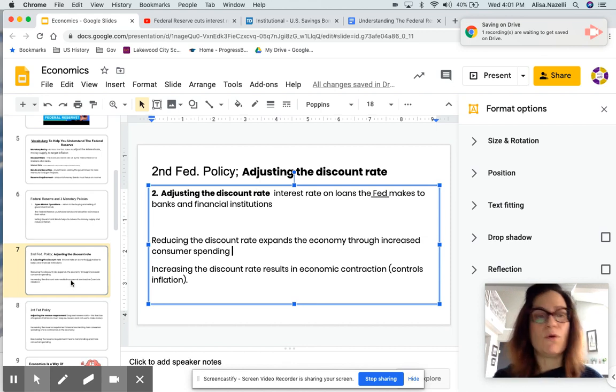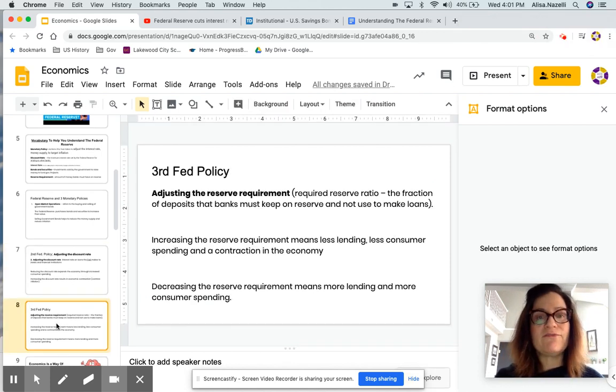All right, and a third and final Federal Reserve policy is adjusting the reserve requirements. Each bank, because the Federal Reserve, another thing that they do is they set rules for banks. And in doing that, they require each bank to maintain a certain amount of money within their banking reserves.